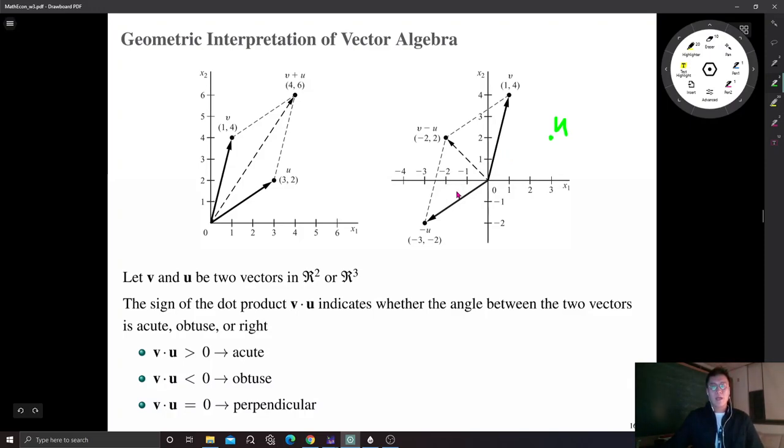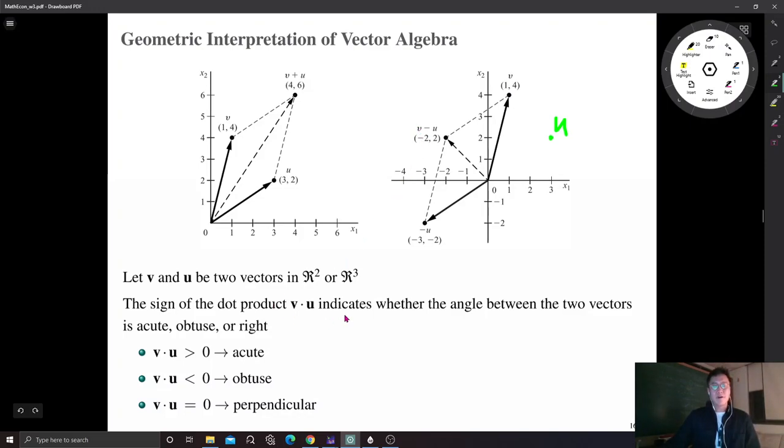Okay. Then once we define negative scalar multiplication, we can define the difference between two vectors, right? Because v minus u is the sum of v and negative u. Okay. Once again, the geometric interpretation is that it is a diagonal of a parallelogram formed by these two vectors. Okay.